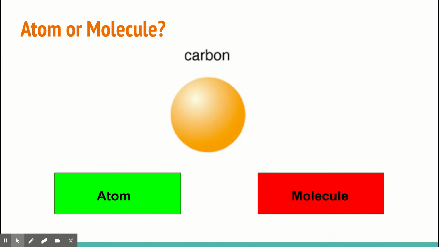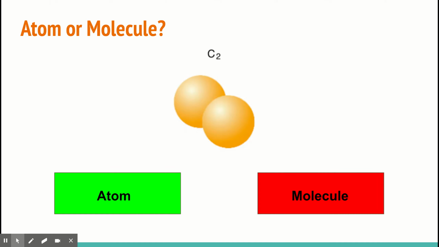So this is carbon. Would you identify this as an atom or a molecule? Here we have 2 atoms of carbon. Would you identify that as an atom or a molecule?